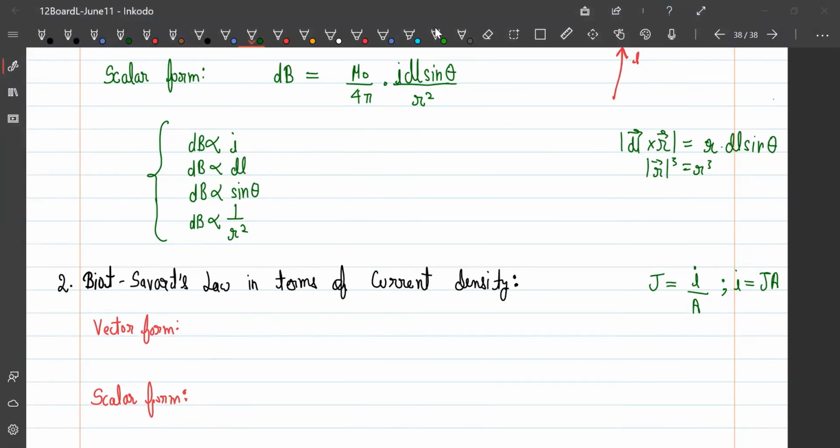I can't hear you, Rishit. Maybe speak louder or check your mic. Okay. Either you can find or you can just put this I is equal to JA and you'll get both the relations.